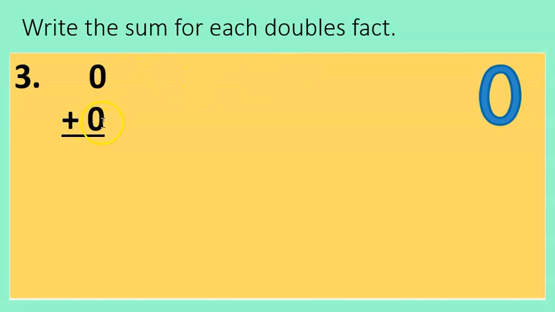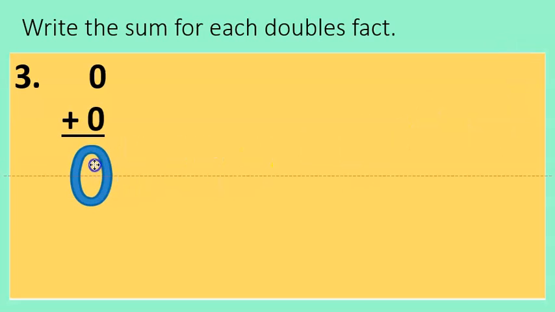How about this bottom number? Do we put anything here? No, we don't, because that is also 0. So, 0 plus 0. Look, since there are no photos here, there's nothing here, your answer is going to simply be 0. So 0 plus 0 is going to be 0 because we have no photos here.